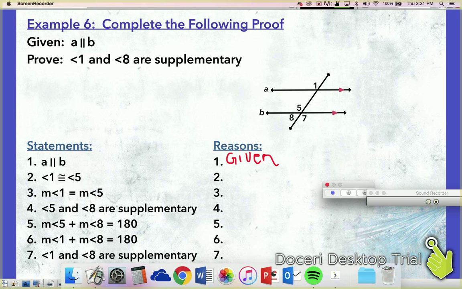Theorem 3.2 says corresponding angles are congruent. So why can we say the measure of angle 1 equals the measure of angle 5?